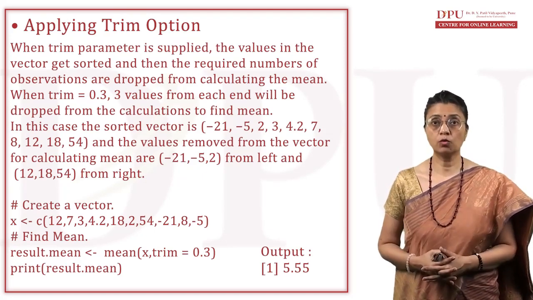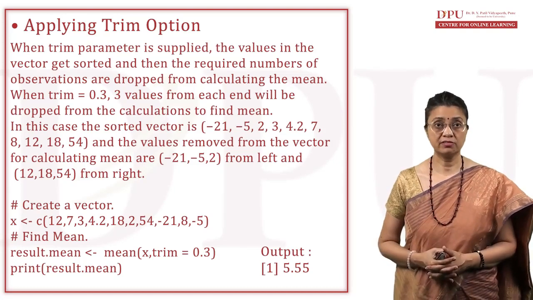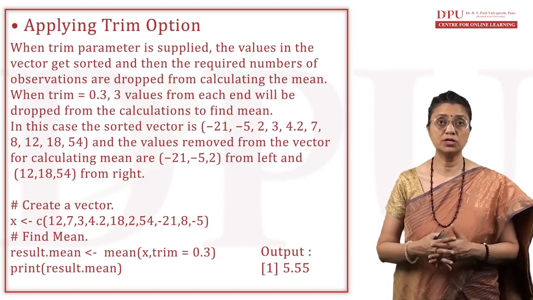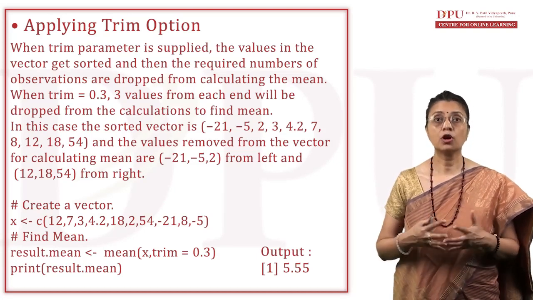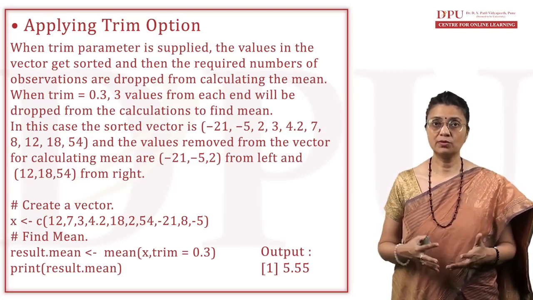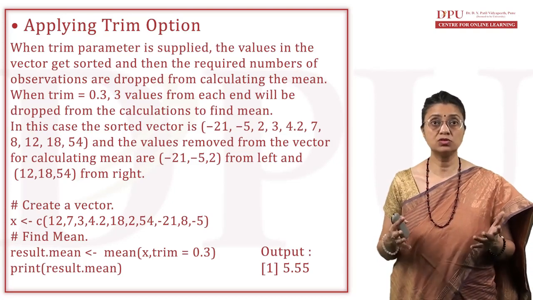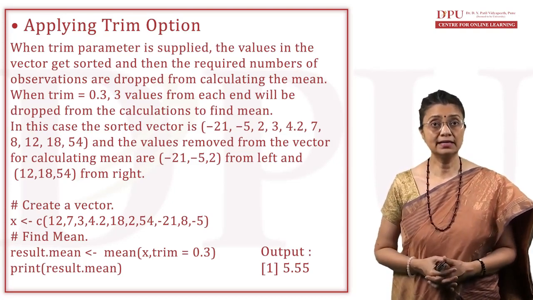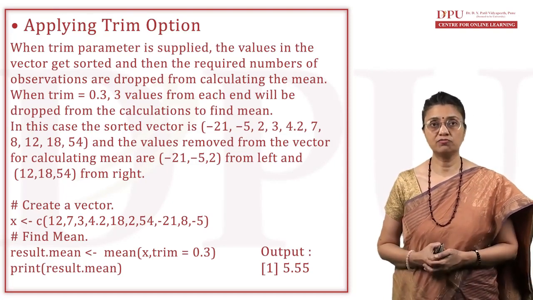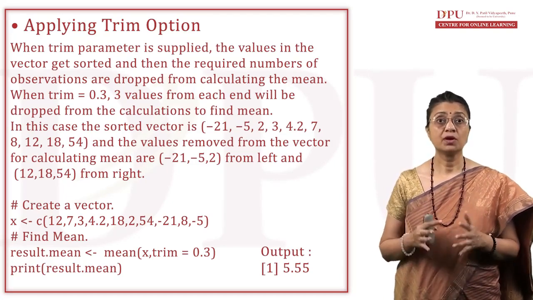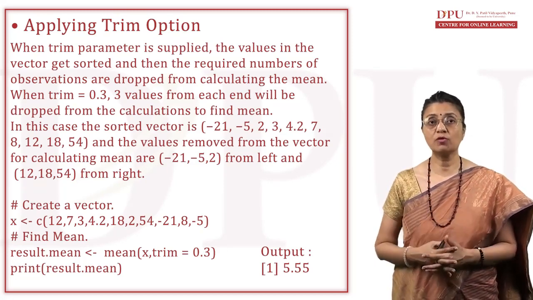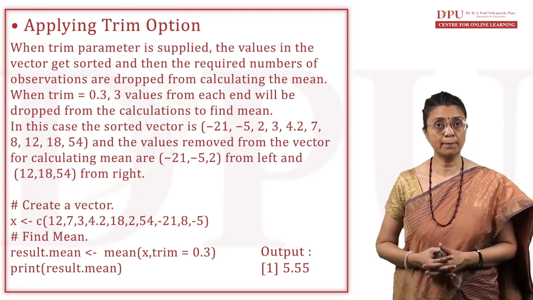Now you can see the code. The vector has the values 12, 7, 3, 4.2, 18, 2, 54, minus 21, 8, and minus 5. When I'm finding the mean, I call the mean function and pass the variable x, my list of numbers.